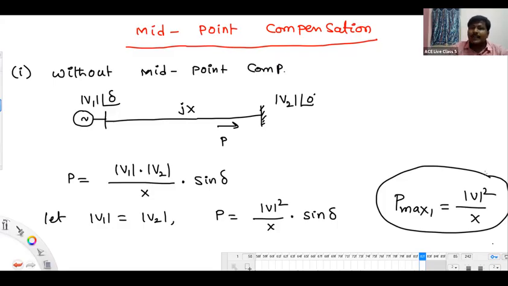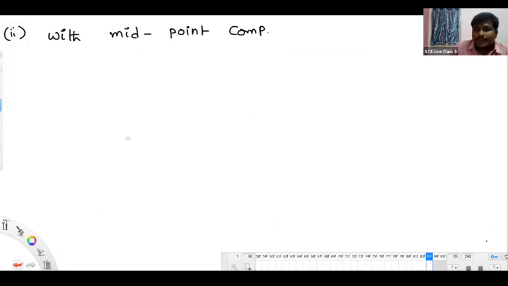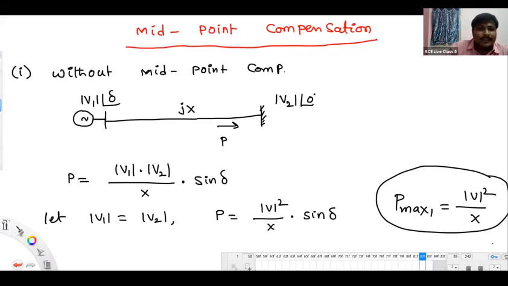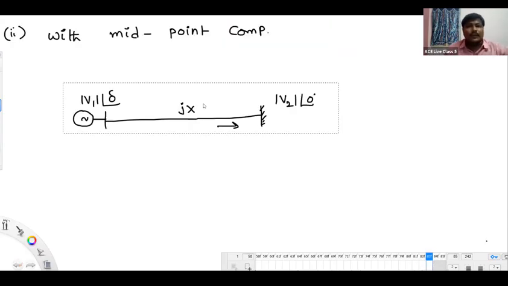Okay, let's move to the second case. We are keeping some midpoint compensation at the midpoint of the line. Same network, let me repeat it.